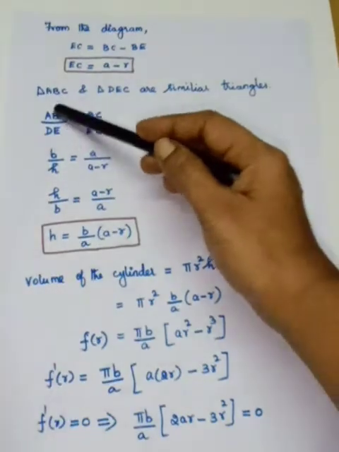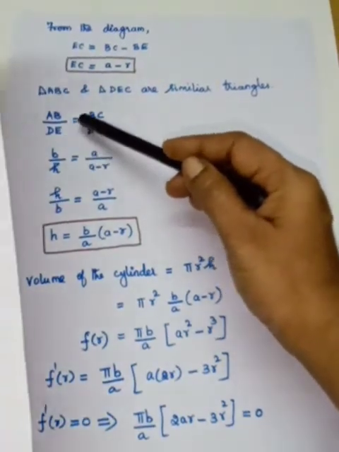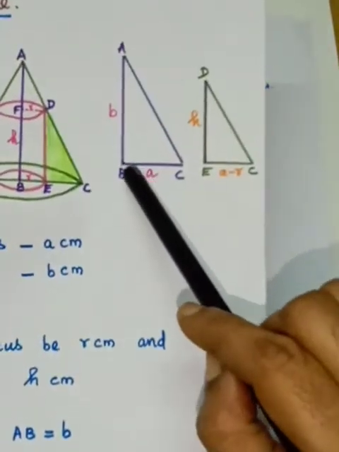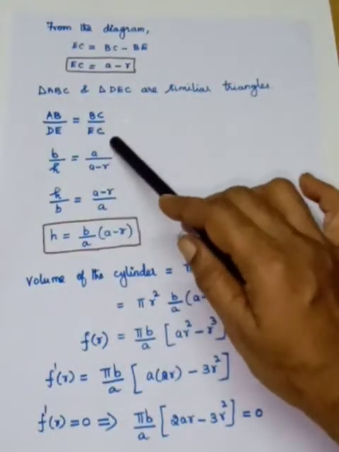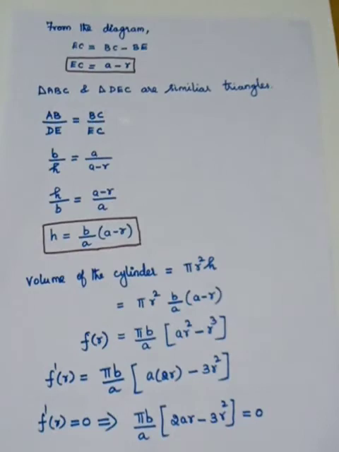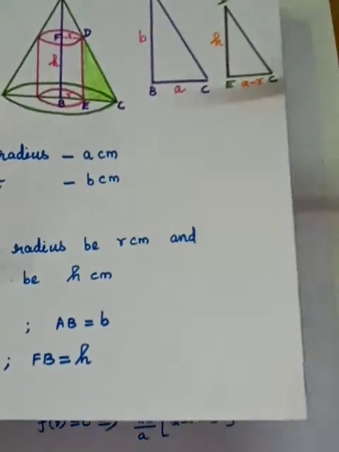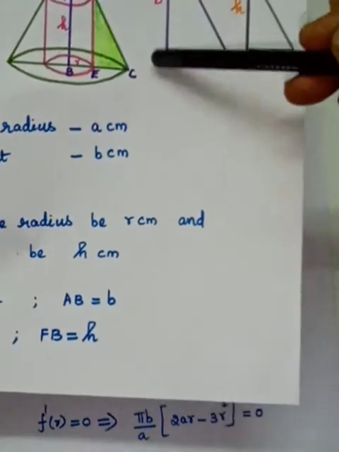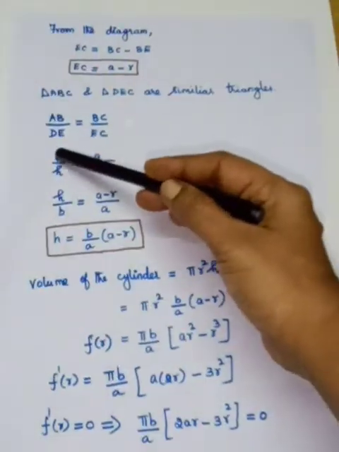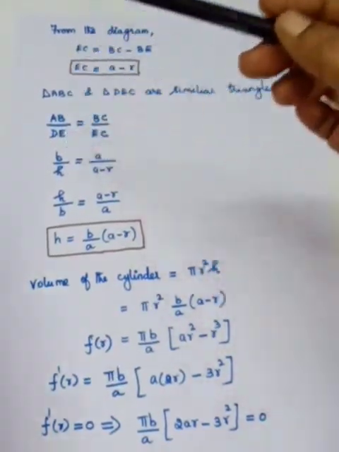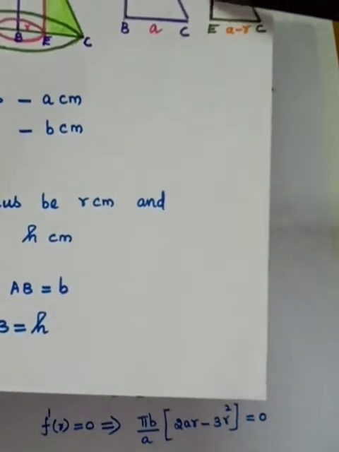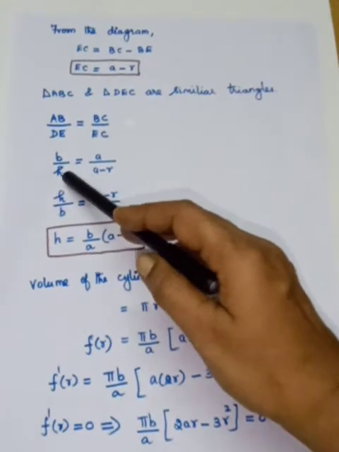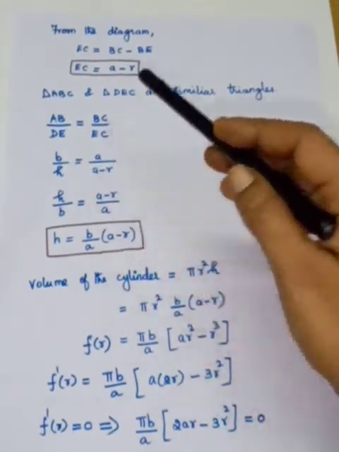AB is the height of the cone, that is B. DE is the height of the cylinder, taken as H. So B by H is equal to BC by EC.